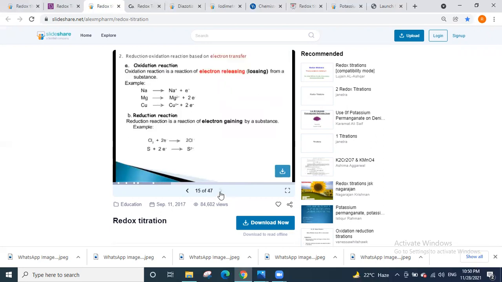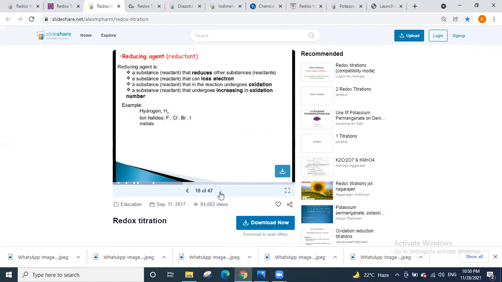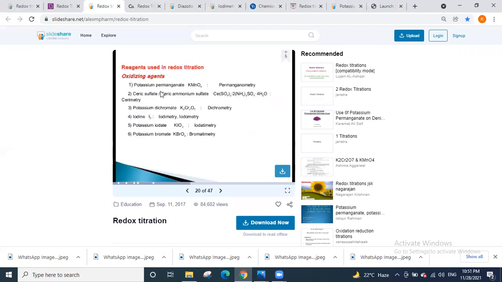Examples of oxidizing agents are potassium permanganate, ferric sulfate, potassium dichromate, iodine, potassium iodate, potassium bromate, ceric acid.